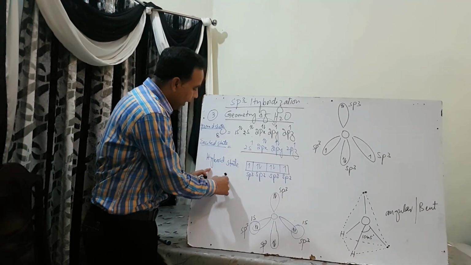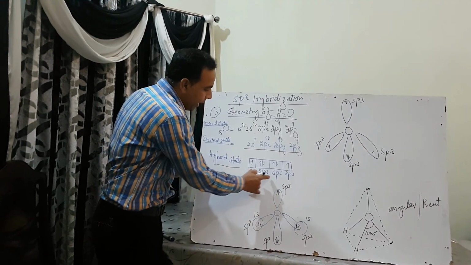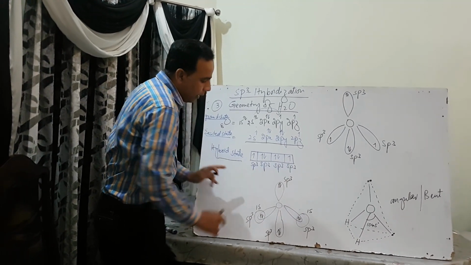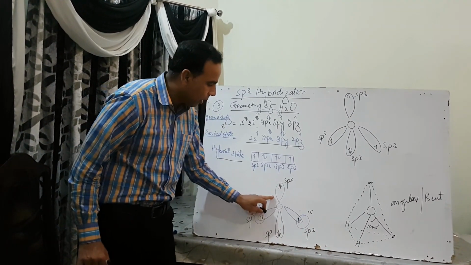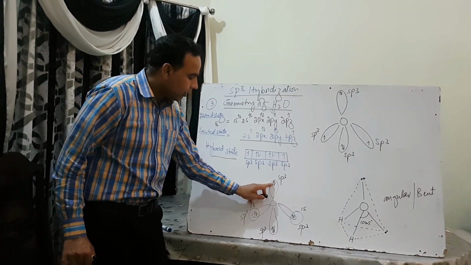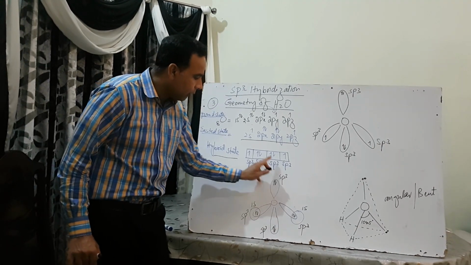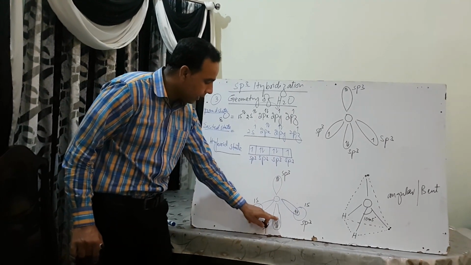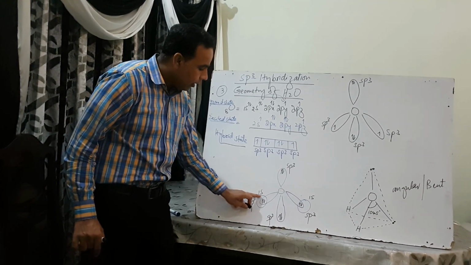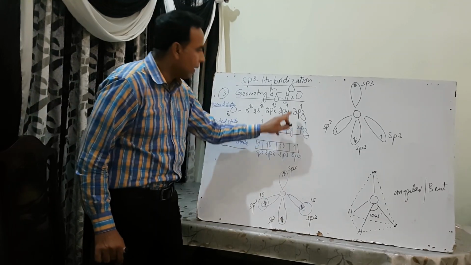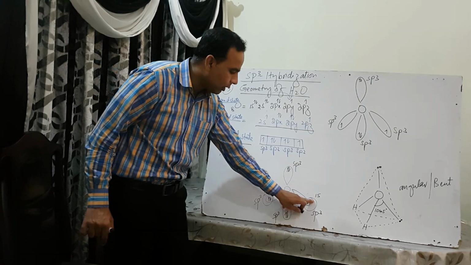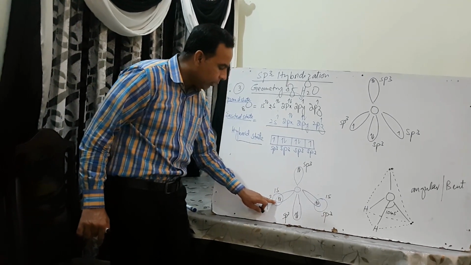This is the hybridized state, sp3, sp3, sp3 and sp3, and this is the orientation of the oxygen molecule in which 2 electrons are here, and here the 1s orbitals of the 2 hydrogen atoms are attached, one hydrogen atom here and one here.